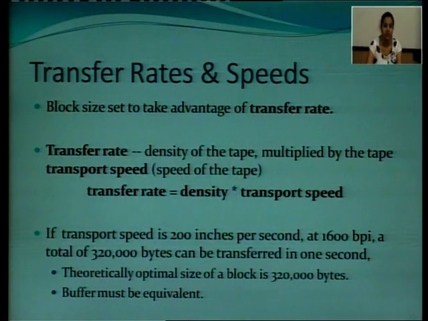If transfer speed is 200 inches per second at 1600 bpi, a total of 320,000 bytes can be transferred in 1 second. Theoretically the optimal size of a block is 320,000 bytes, but its buffer must be equivalent.